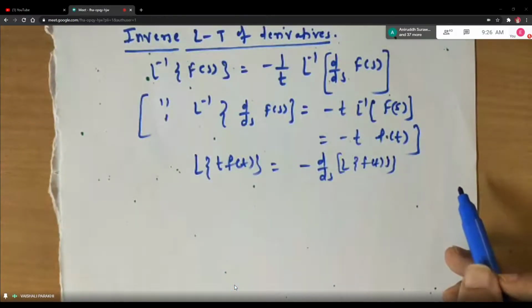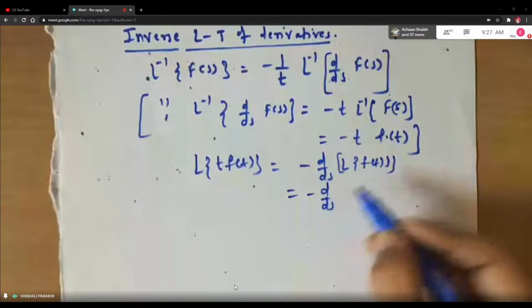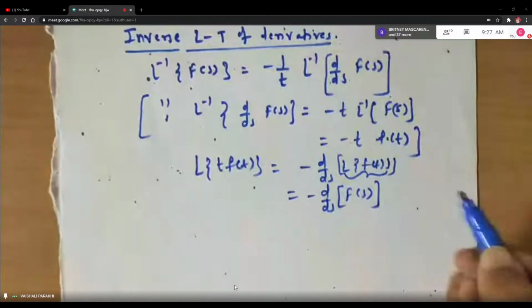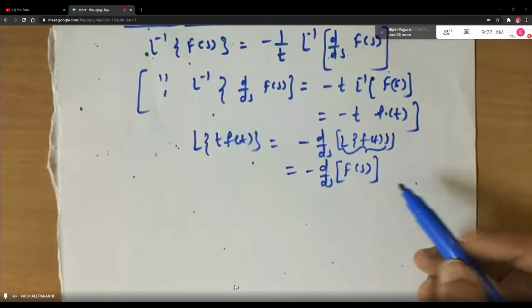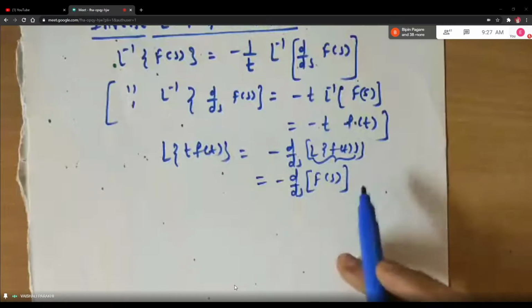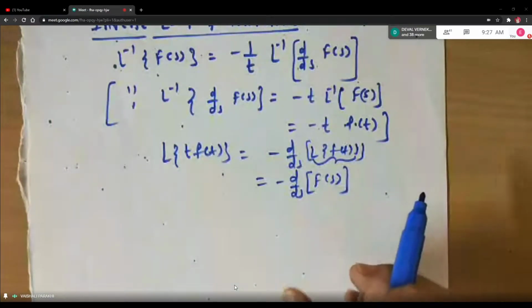It is equal to minus d by ds of L of f of t. You denote it by f of s, because whenever you find the Laplace transform of some function, its answer is always in terms of s. So it is a function of s. So exactly the same formula we are using.